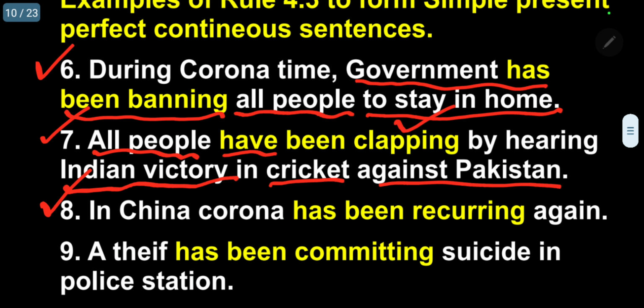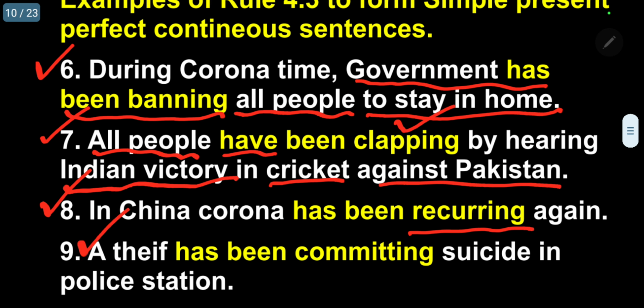Number 8. In China, corona has been recurring again. Recur, R-E-C-U-R, with the double R, recurring means spreading again. In China, corona has been spreading again. Number 9.